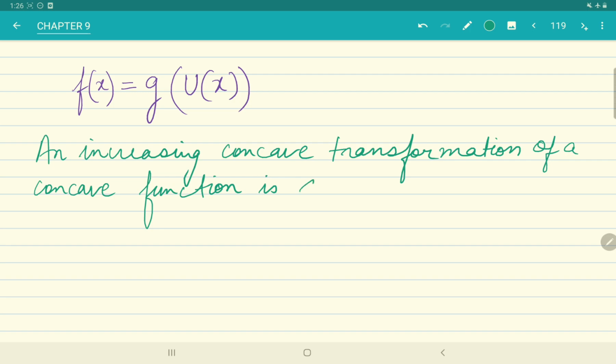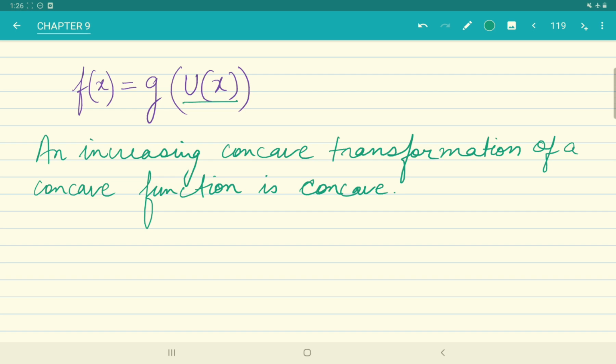is concave. What we see here is that we start with a concave function which is u of x. We take its increasing concave transformation, that is g of u of x. G I know is increasing and g I also know is concave.